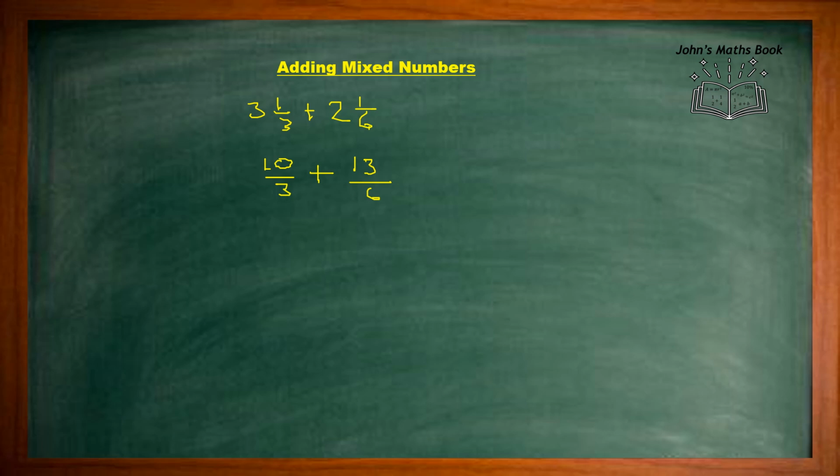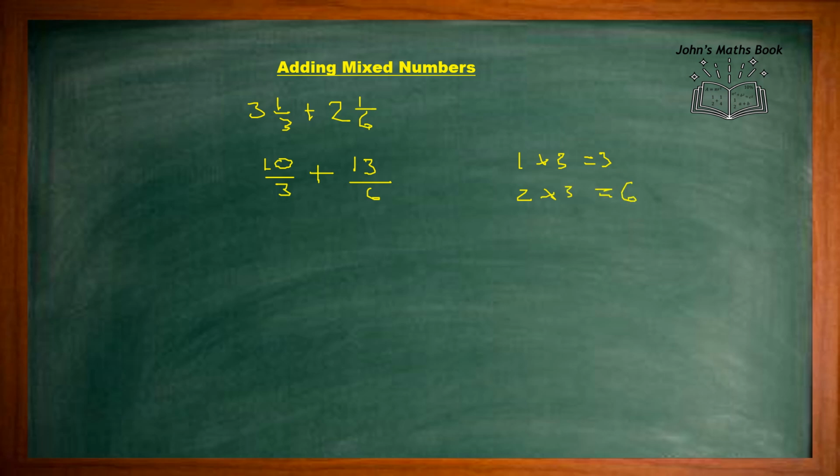Now we need to find the common denominator of these two improper fractions. We can just multiply the two denominators together, but that won't be the lowest common denominator. The lowest common denominator can be found by looking at the multiples of each of the denominators. Multiples of 3: 1 times 3 is 3, 2 times 3 is 6.